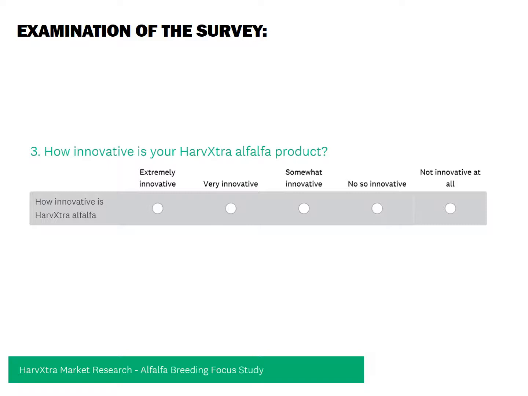If they do not respond that it is innovative, we could then encourage more training, more info, kind of graphics to get out there and help explain what this alfalfa technology will allow them to do.